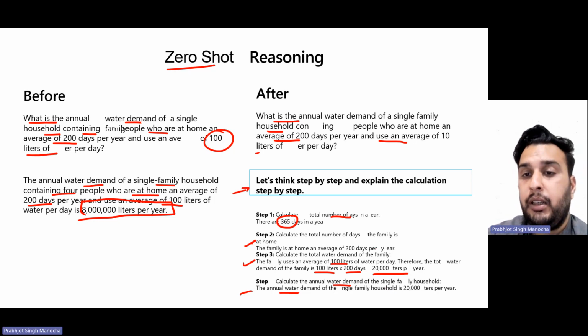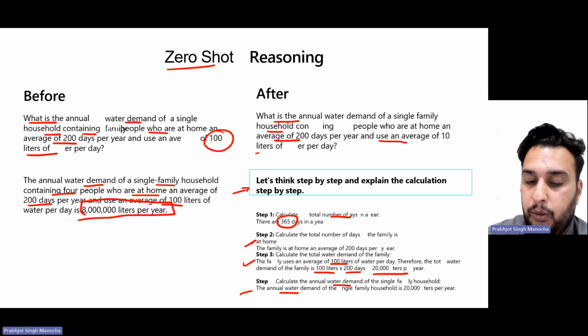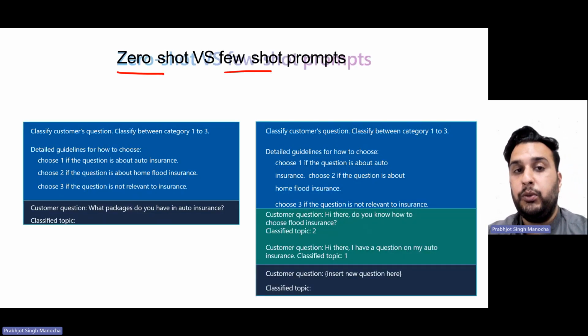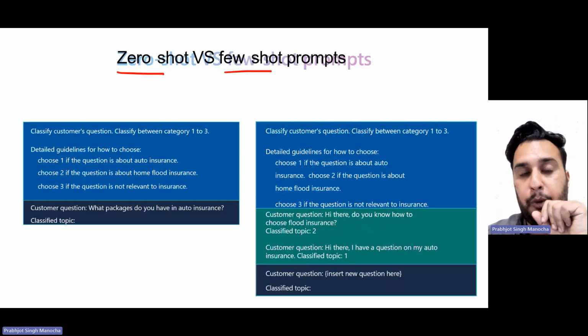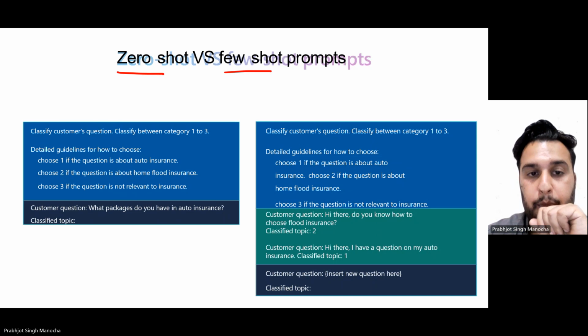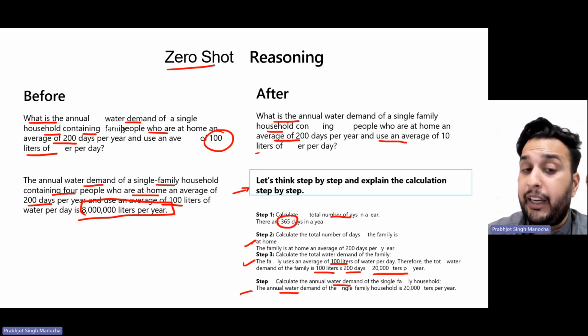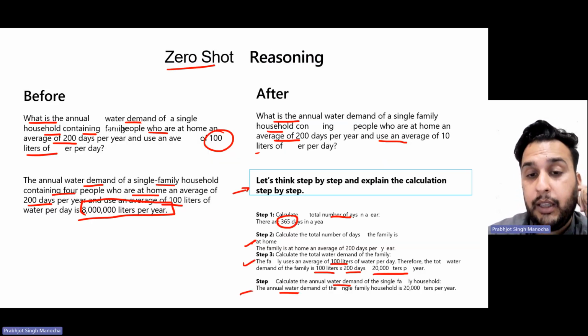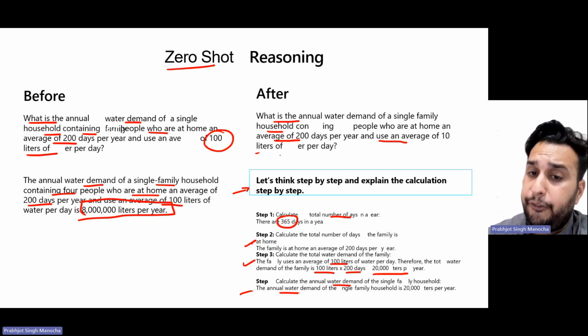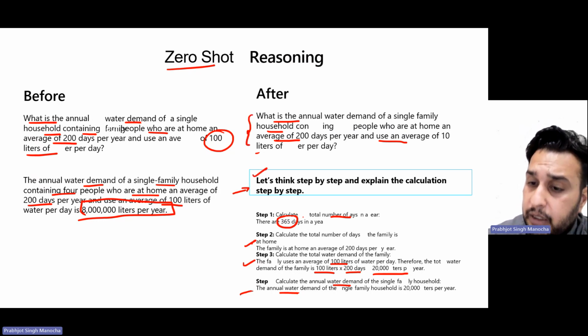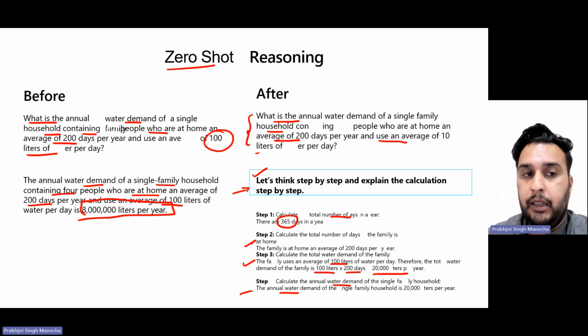It is very important how these prompts are used, because without this the model can make mistakes. But if we divide our problem and think step by step, this is what we are expecting.